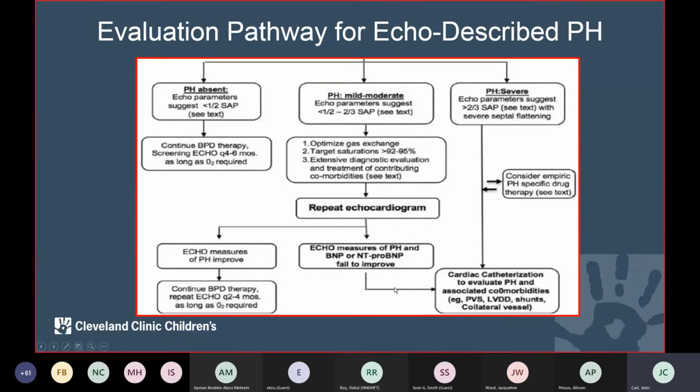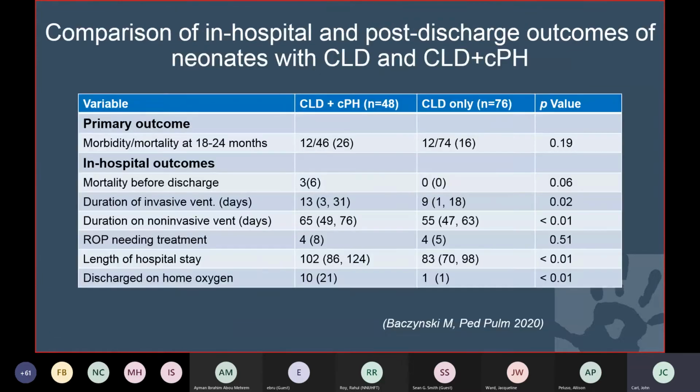So serial measurements clearly are recommended. Comparing the primary outcome with patients, the in-hospital outcomes are huge in terms of mortality before discharge if pulmonary hypertension, rather than just in addition to BPD or BPD alone.